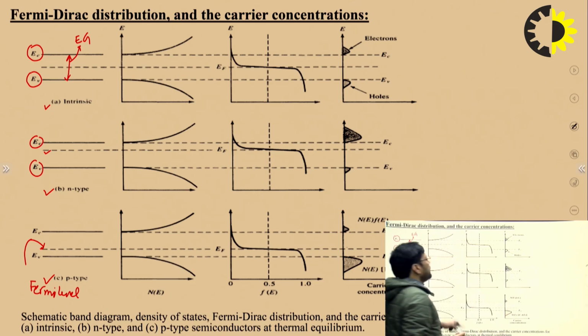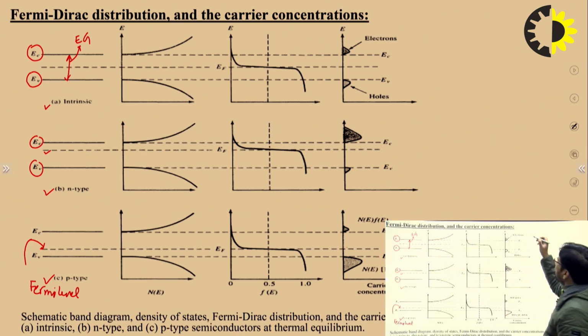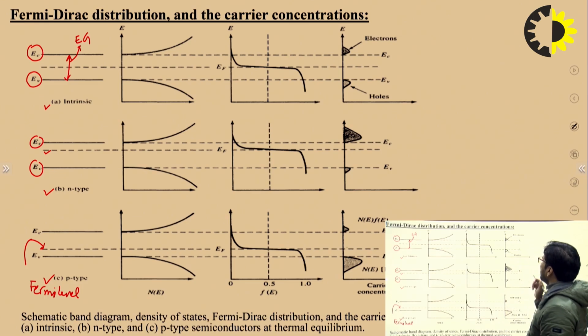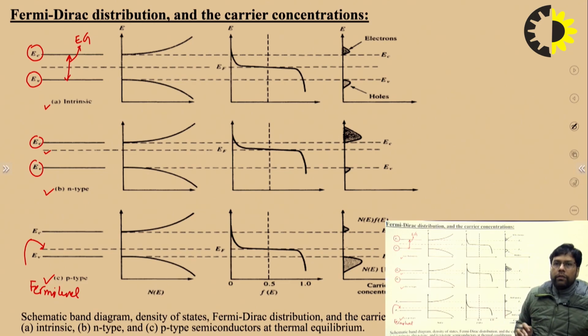You can see here that in the intrinsic semiconductor, or we can say pure semiconductor, we have the same amount of electrons and the same amount of holes. In other words, we have the same carrier concentration for the electrons and for the holes, the intrinsic carrier concentration.